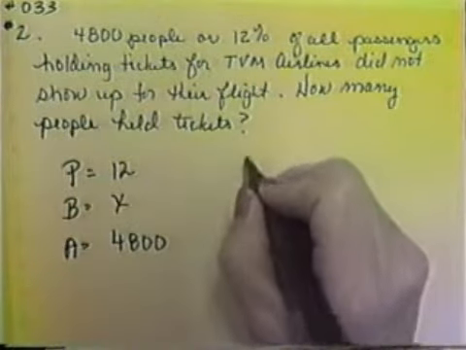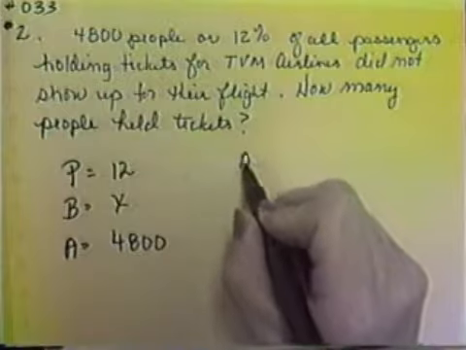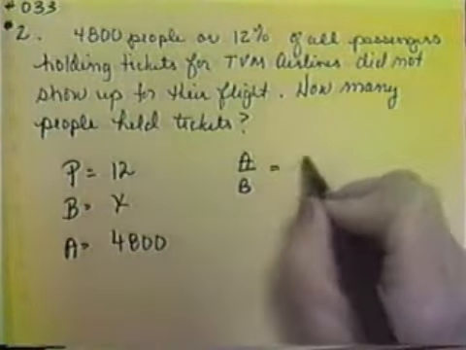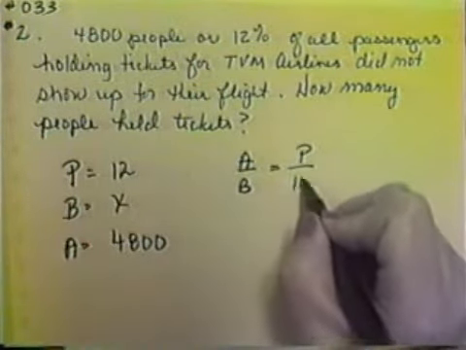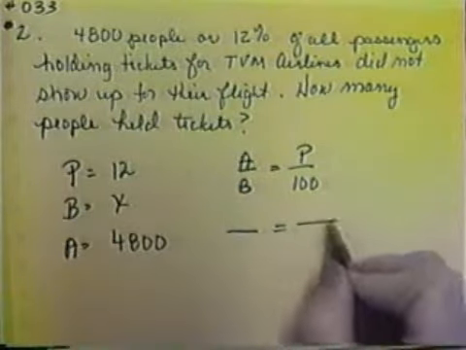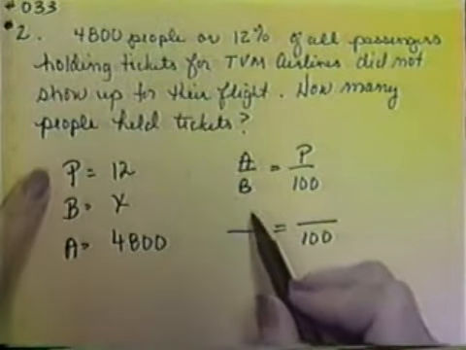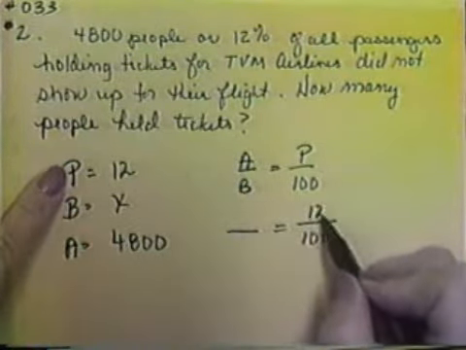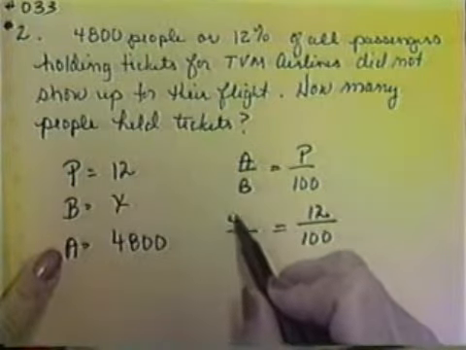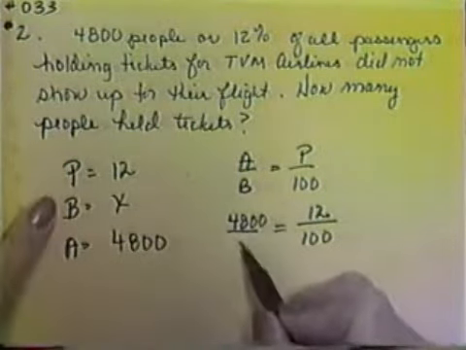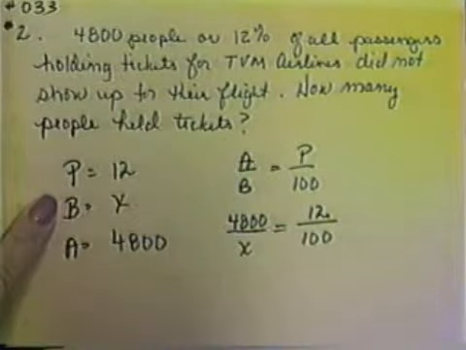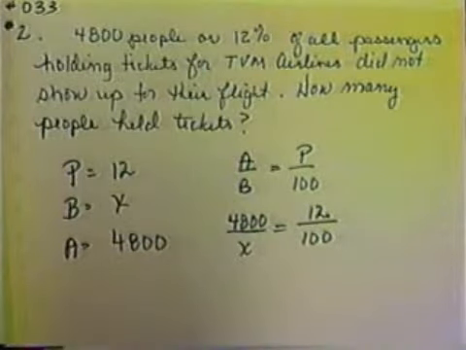Now, putting this into our percent formula, amount over base equals percent over 100, filling in the values: the percent was 12, the amount was 4,800, and our base was X. Now what we want to do is cross multiply to solve this.